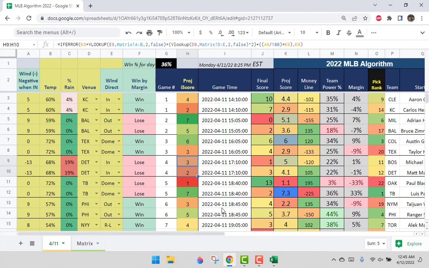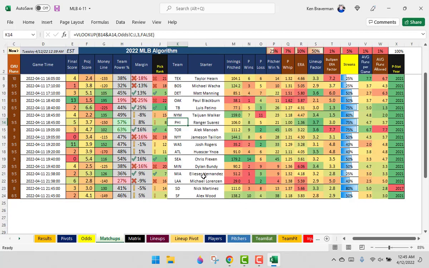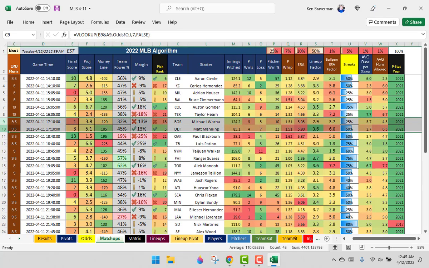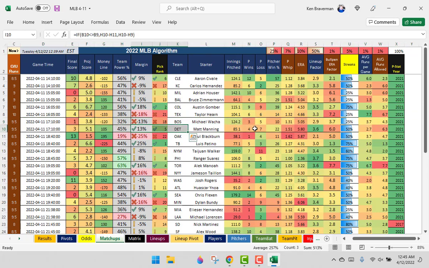And under our new distribution in the Excel file, what does that game do? That game, look at this. That game gives a 13% margin to Detroit, but that's probably because of streaks. Let's take streaks out of there, almost. Still does it. Look at that. So that's pretty fascinating that it gets this game right.